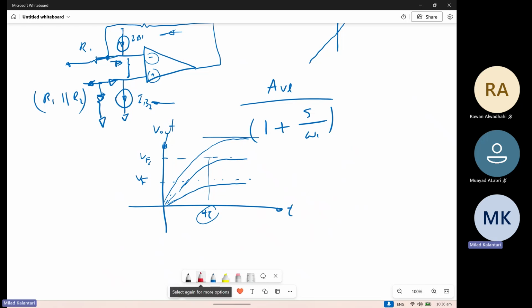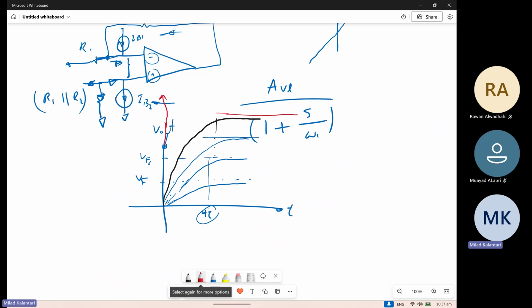But at a certain region, you are trying to go to the next level for the step. For example, let's expand this a little bit more. You expect the next step to reach this value because of the bigger input step. What you expect is that it should be something like this.